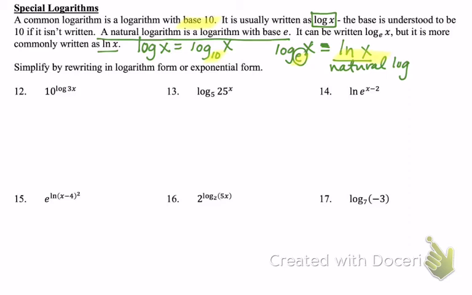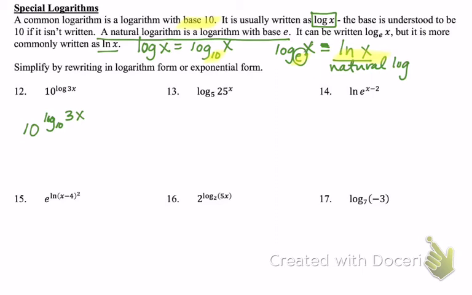So we're going to simplify by rewriting the logarithmic form in exponential. So here we have 10 to the log of 3x. If I were to switch that, it is 10 to the log base 10 of 3x.